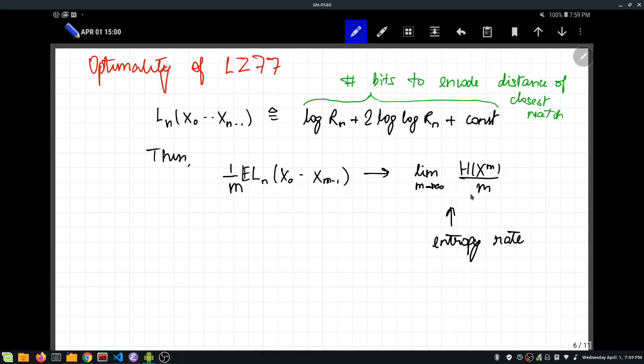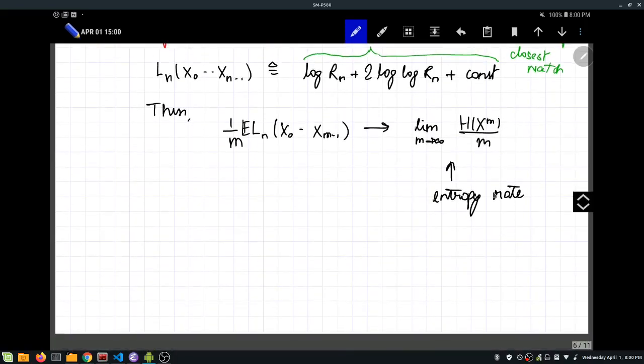So let's go through this once again. If you look at the number of bits that are needed to encode the distance of the closest match, then the expected number of bits needed tends to the entropy rate of the source. And why is this particularly important?